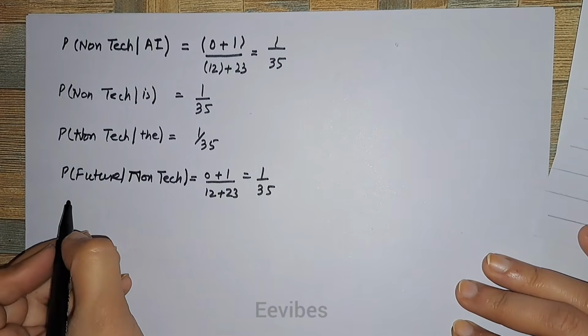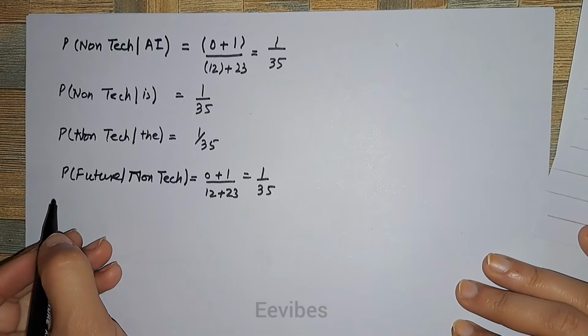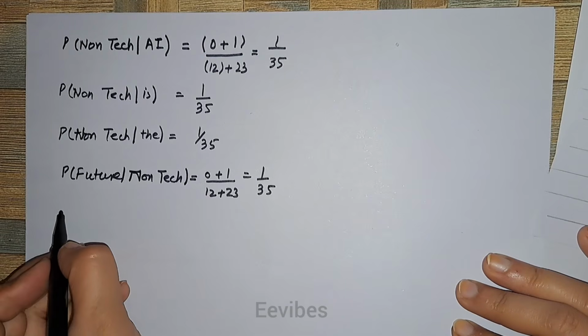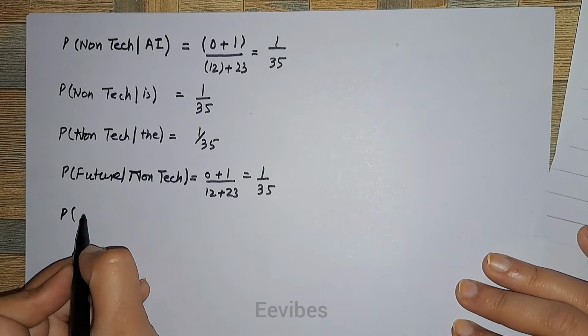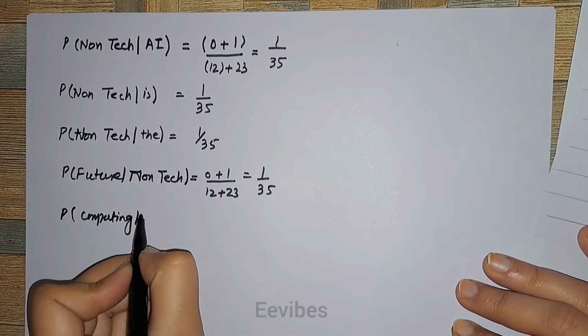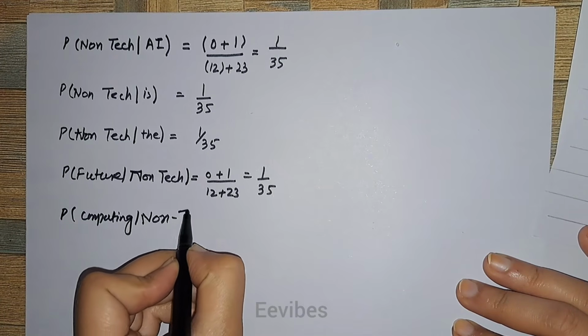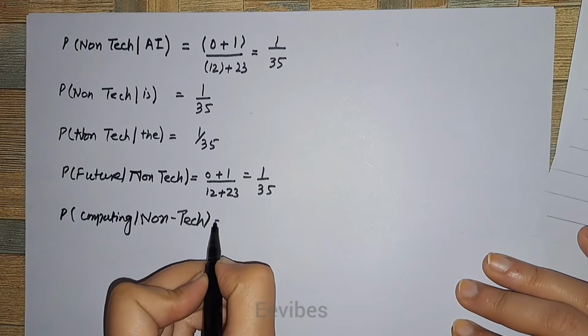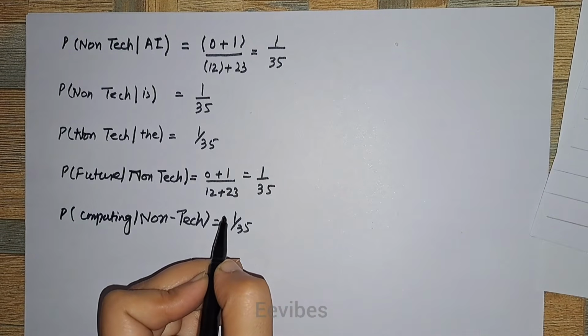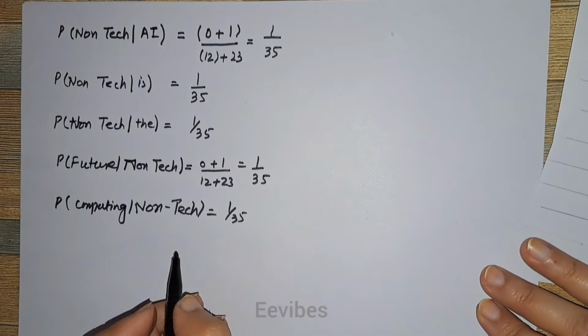And the probability of "of" is not determined. Why? Because it doesn't belong to the set of vocabulary. The last one is the probability of "computing" given the non-tech class, which is again equal to 1 over 35, since the count of "computing" is equal to 0.